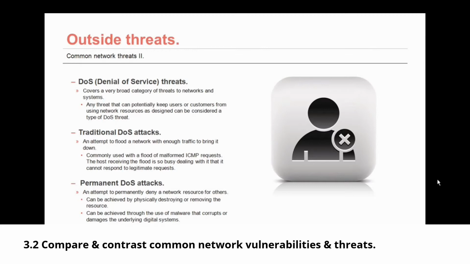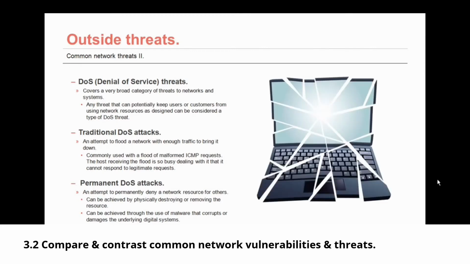A traditional DOS attack attempts to flood a network with enough traffic to bring it down. It's commonly used with a flood of malformed ICMP requests. The host that receives the flood can be so busy dealing with the deluge of data that it cannot respond to legitimate requests.